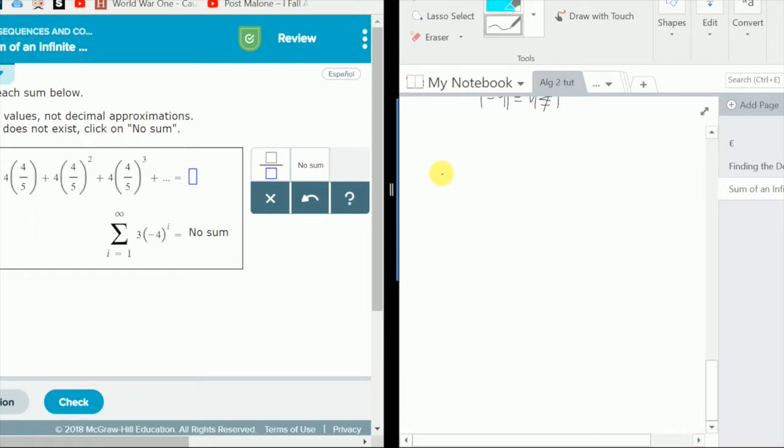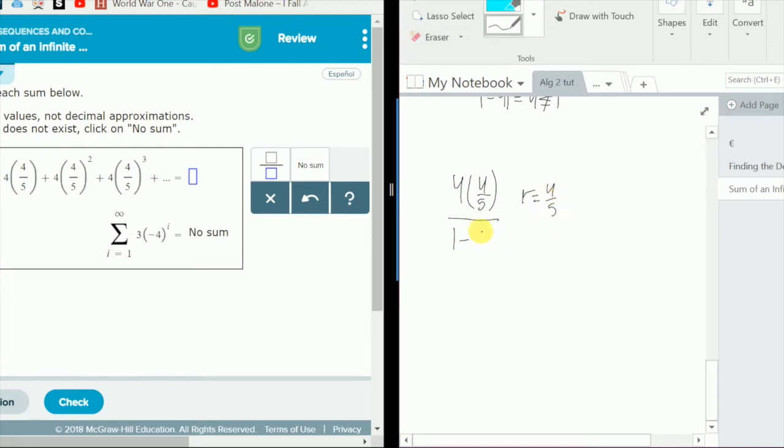Alright, so a1 is the first term. Now the first term here is 4 times 4/5. That is the first term. And then r is the number in the parentheses. Remember, it's not both these numbers, it's just the number in the parentheses. It's not 4 times 4/5, that's our first term. It's just the number in the parentheses. So the number in the parentheses is 4/5, so r equals 4/5.